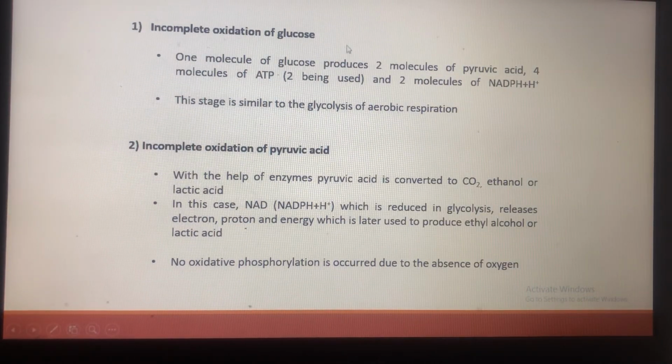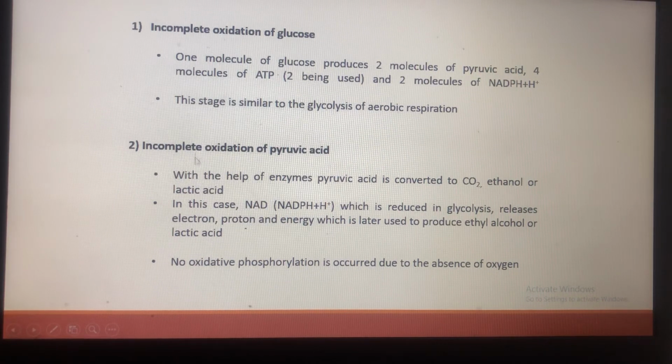In the incomplete oxidation of glucose, what happens is that 1 molecule of glucose produces 2 molecules of pyruvic acid, 4 molecules of ATP, 2 of which are being used, and 2 molecules of NADH plus H plus. So you can see that this stage is similar to the glycolysis of aerobic respiration, right? Then is the incomplete reduction of pyruvic acid.